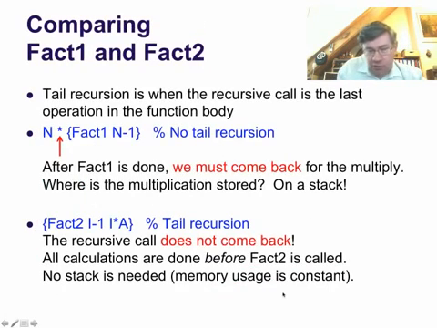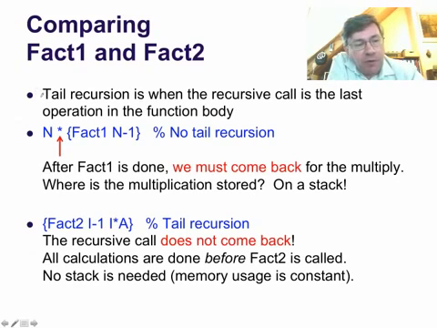So let's take now a closer look, comparing fact1 and fact2. Remember tail recursion: the recursive call is the last operation. Let's take a look at fact1 first. In the function body, we have n times fact1 of n minus 1.